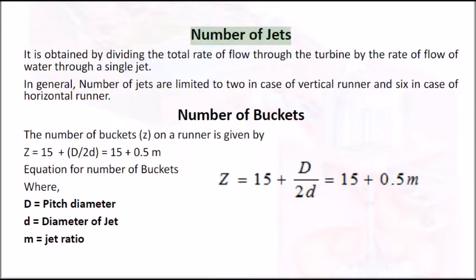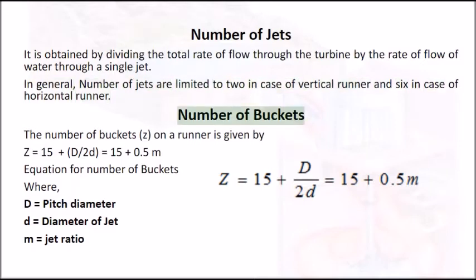Number of jets. It is obtained by dividing the total rate of flow through the turbine by the rate of flow of water through a single jet. In general, the number of jets is limited to 2 in case of vertical runner and 6 in case of horizontal runner.